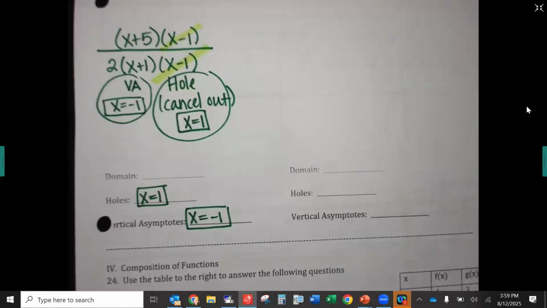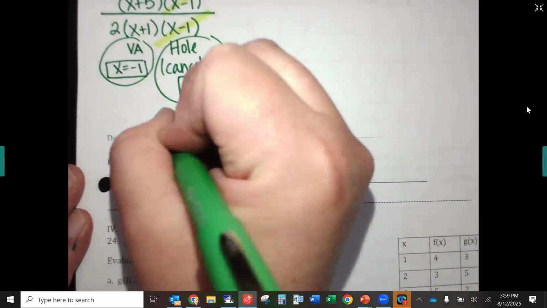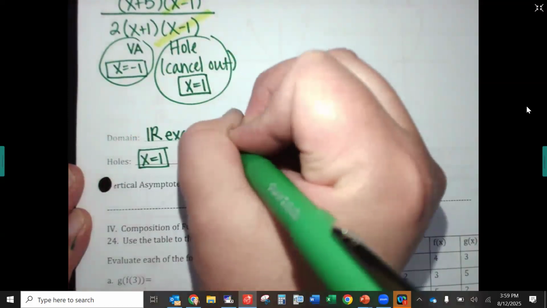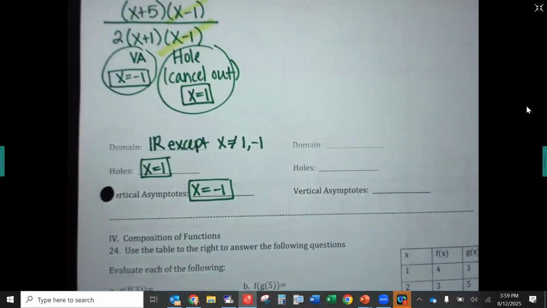So what we're going to put for our domain is all real numbers, except X cannot equal 1 or -1. So you're basically saying the whole number line's fine as long as you don't touch these 2 spots, because one of them's a hole, one of them's a vertical asymptote. Make sense?